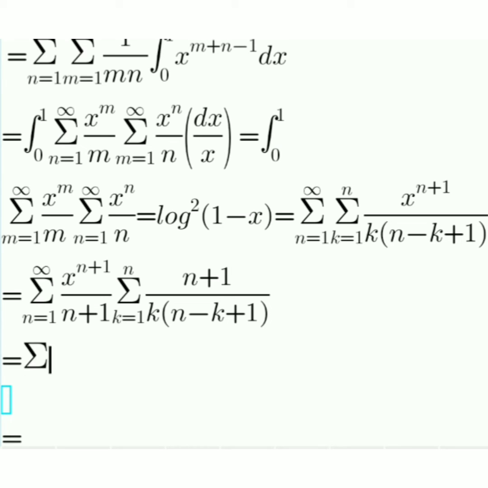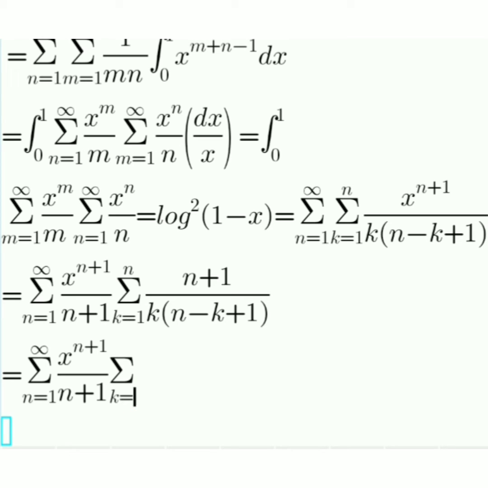I can write this way, summation n equals 1 to infinity, x to the power n plus 1 divided by n plus 1, summation k equals 1 to n, and I can write this way, 1 by k plus 1 by n minus k plus 1.